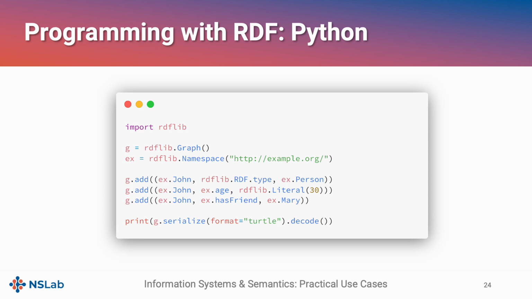So you are having some graph representation, you can make some namespaces, and then in this example we are adding 3 statements to the graph. That John is of type person, John has age 30, and John has friend Mary. And these 3 statements are added to the graph, and then the graph is serialized as turtle and printed out of this program. So it then potentially can be stored, for example, to some file.